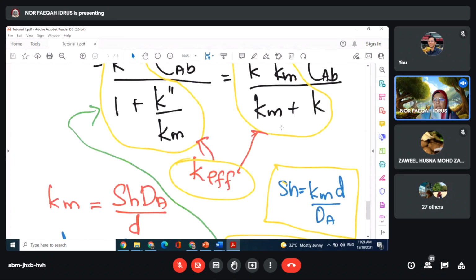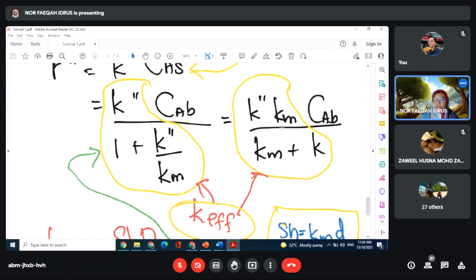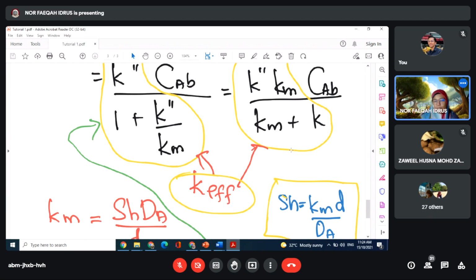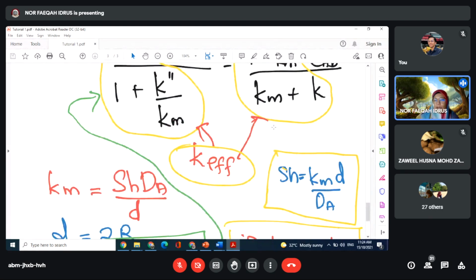Okay, now we solve the question. So you have the overall rate law equation as this equation, tak kisahlah either one. Okay, then define the mass transfer coefficient equation from the Sherwood number equation.